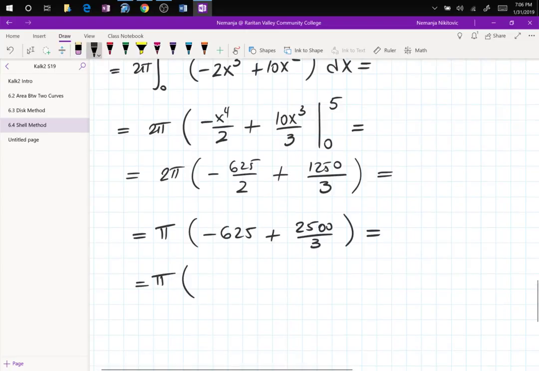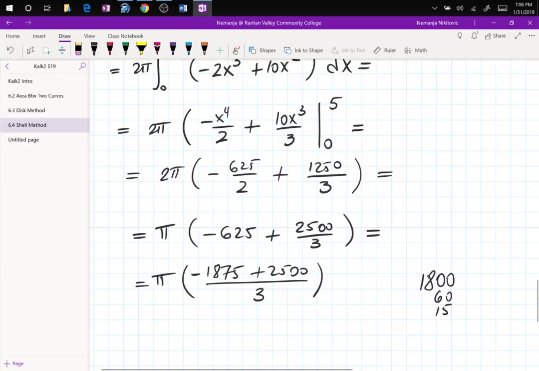So pi, this is over 3, times 3, that's 1,800, and then times 3, it's 1,875. Negative, plus 2,500. Now we have to subtract, and it's 625 pi over 3, right?